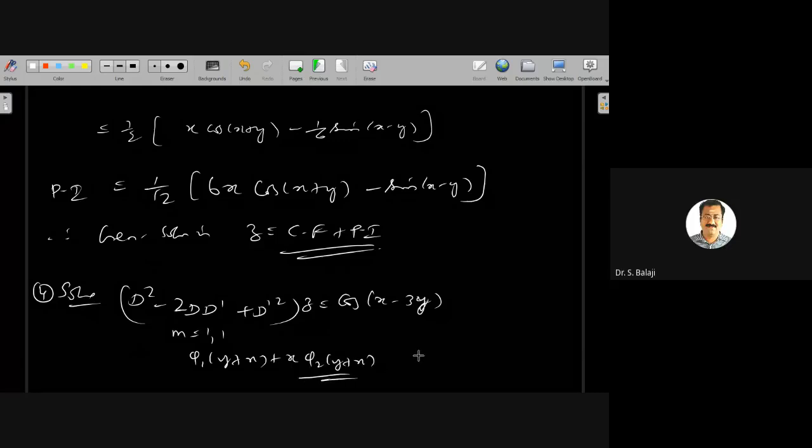Yes, very good. Particular integral is minus 1 by 16 cos of x minus 3y. Yes, your particular integral is equal to minus 1 by 16 of cos of x minus 3y.